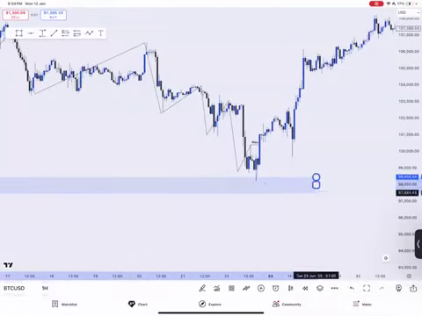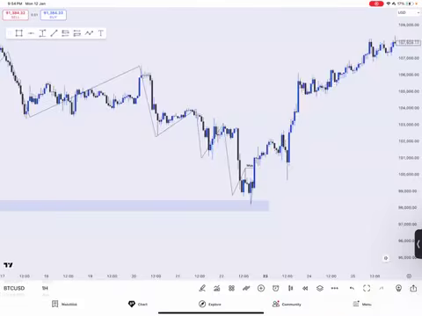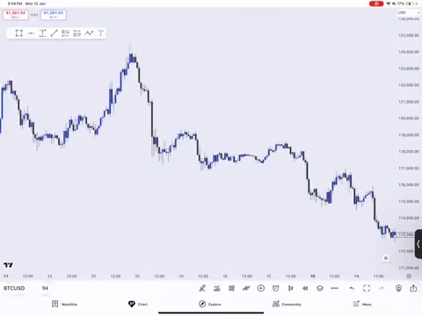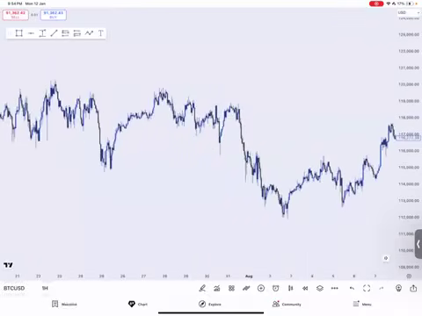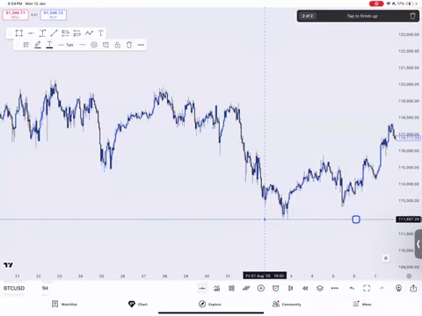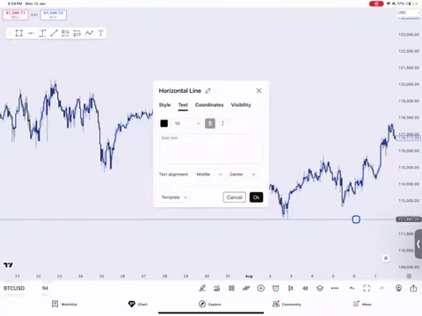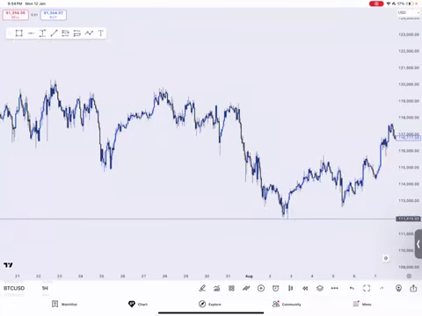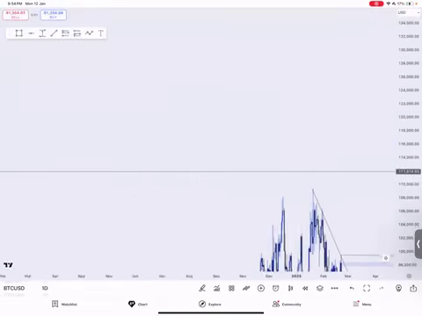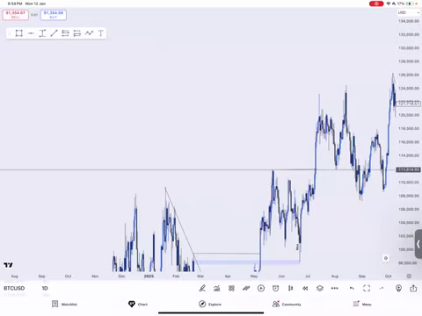This is the first zone I marked out on that daily time frame. Let's go to the second zone. Second zone is here, which is this daily time frame breaker as well.